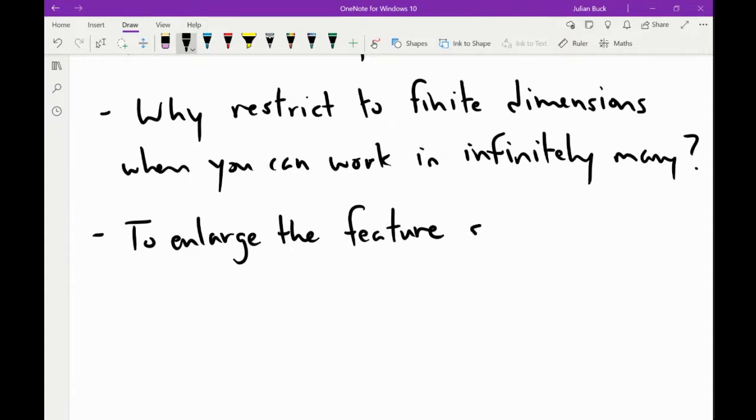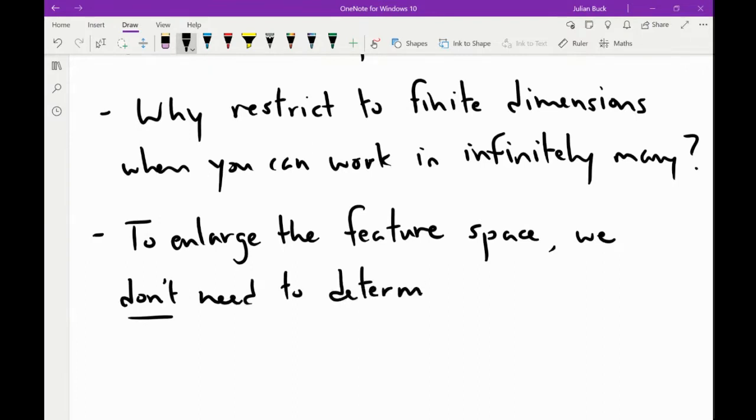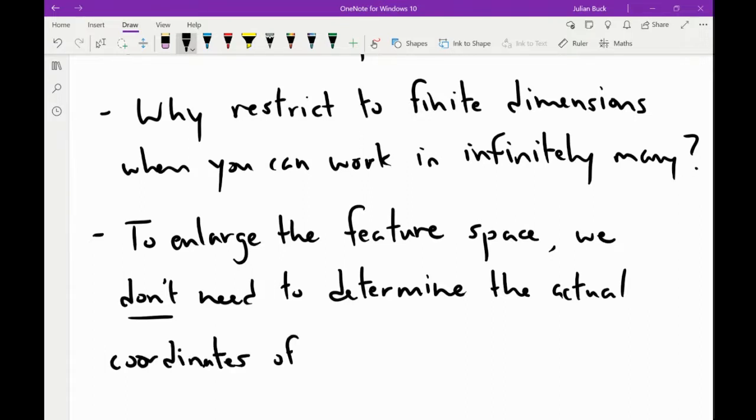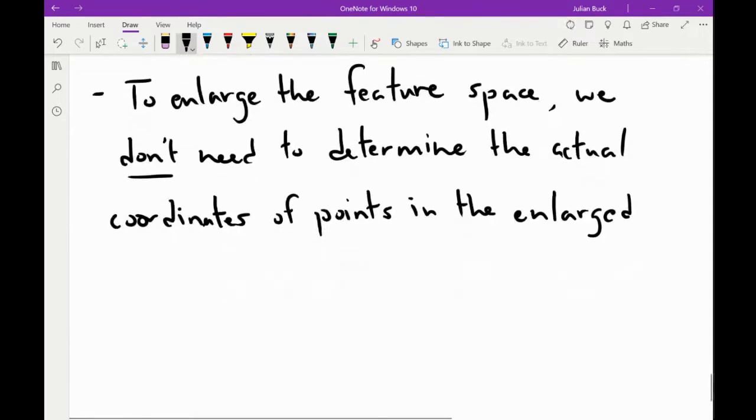So to enlarge the feature space, we don't need to determine the actual coordinates of points in the enlarged space. We don't have to find x3 like we did earlier. We don't have to go up into the new dimensional space and show where everything is.